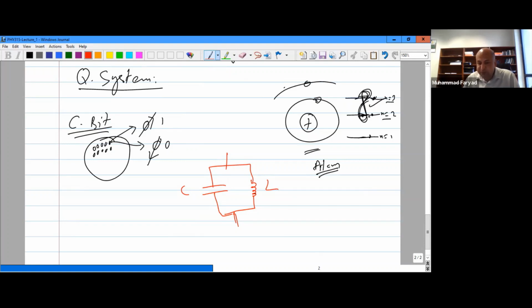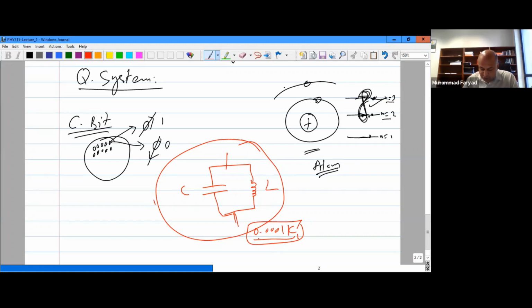And if you build this LC circuit using, let's say, superconducting elements, so that there is no resistance present in it, and you cool down to a very low temperature, for example, 0.001 Kelvin, which means that you eliminate all the noise that is coming into this system from outside, so when you cool this circuit down to this temperature, this essentially is equivalent to isolating your LC circuit.